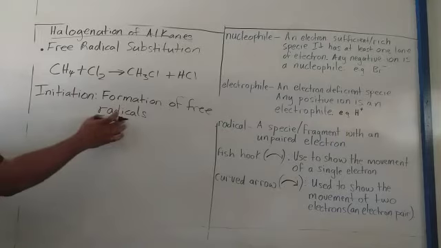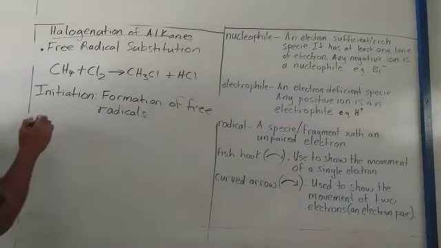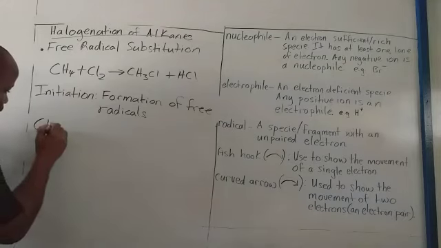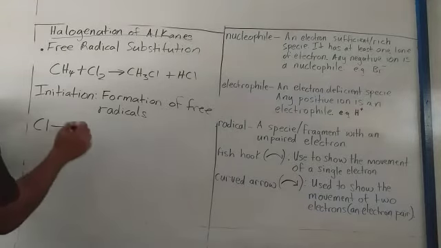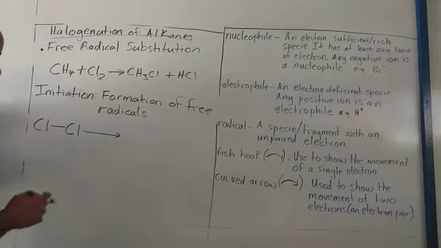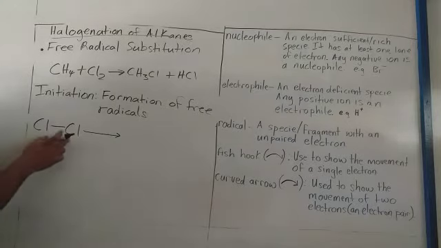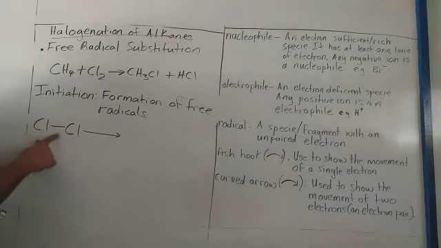The free radical is going to come from the molecule of chlorine. So here you have your chlorine molecule, but we said we are going to generate radicals. How can we change the molecule into radicals? The bond must break.